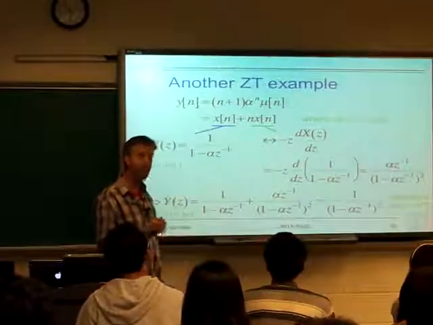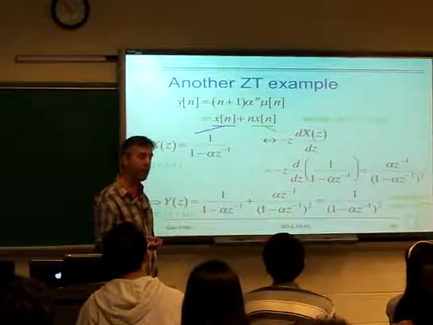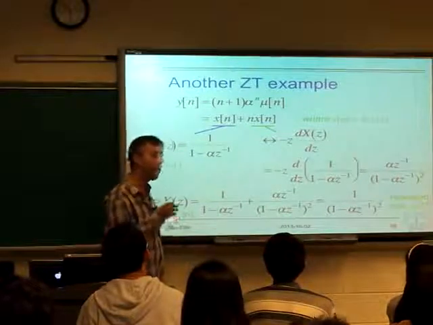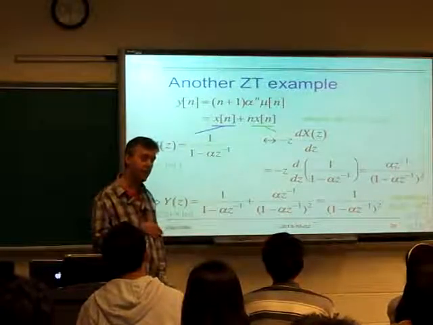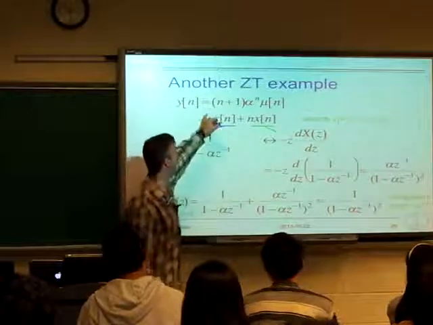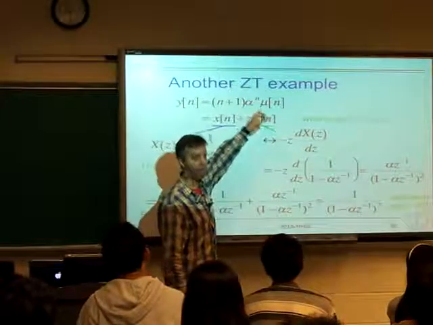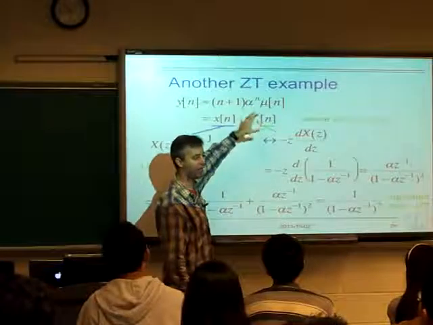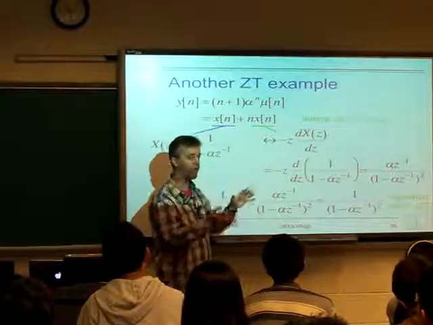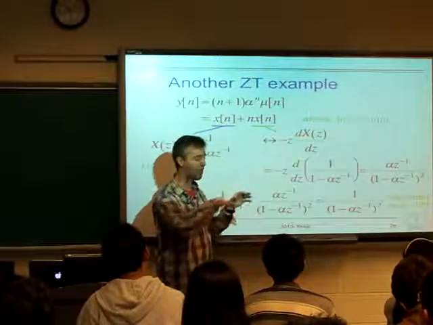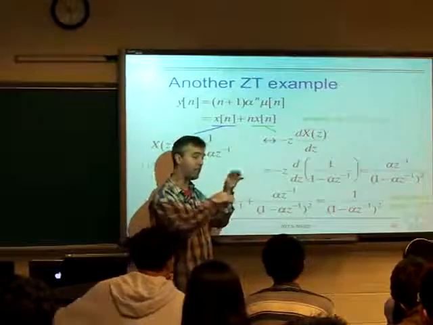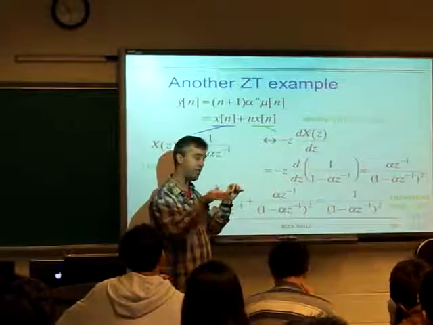This ties back into what we saw when we were doing the LCCDE solutions, that when we had repeated roots in the LCCDE, we ended up with an n lambda to the n coming out to give us the second degree of freedom, since we couldn't identify 2 different coefficients to do with the lambda to the n term.